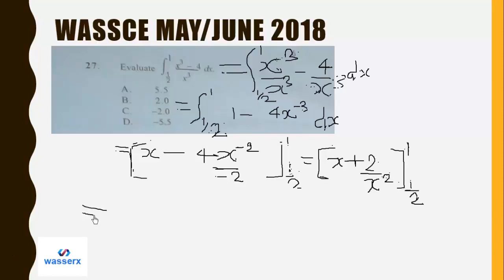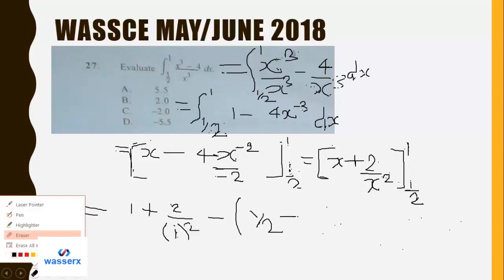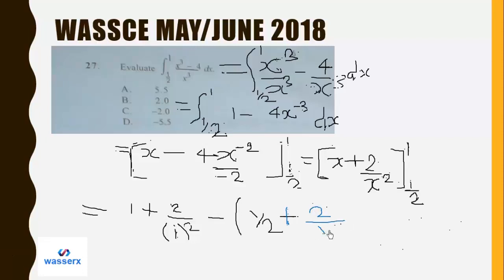Now we plug in the limits. So we are going to get 1 plus 2 over 1 squared, minus 2 plus 2 over 2 squared.